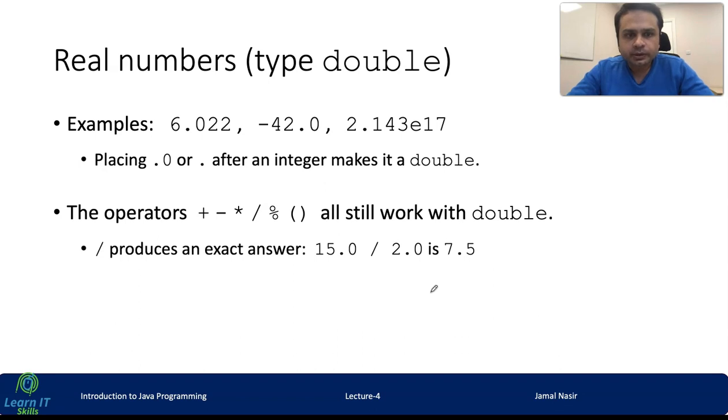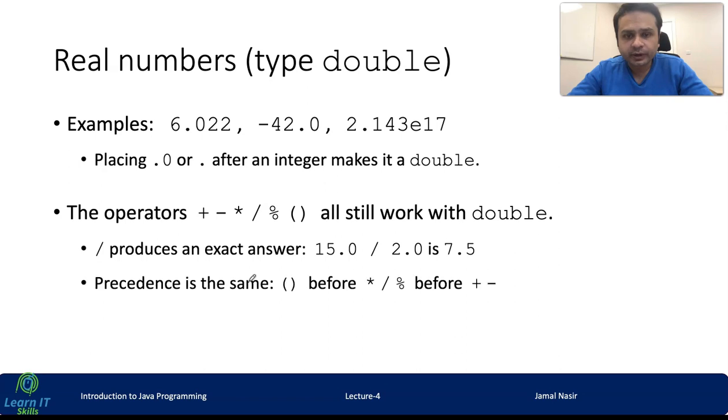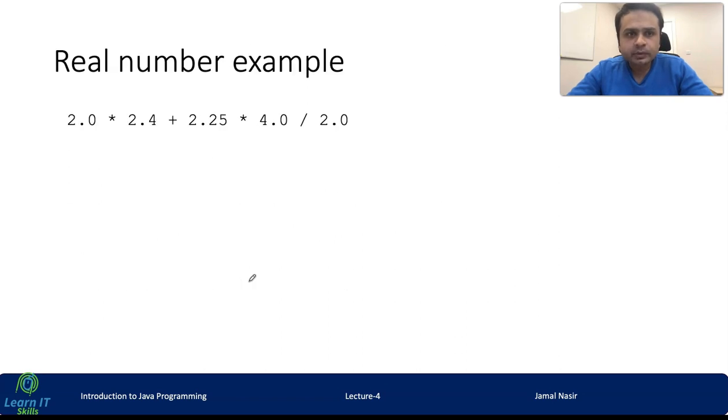But if we are using the divide operator, it will give you an exact answer. So 15 divided by 2 is 7.5 now. Precedence is the same. So these are the real number examples.